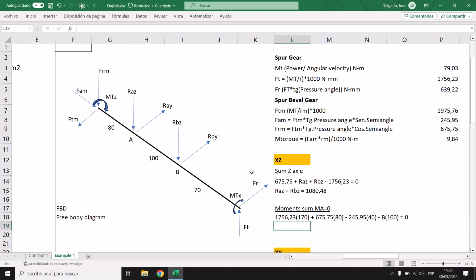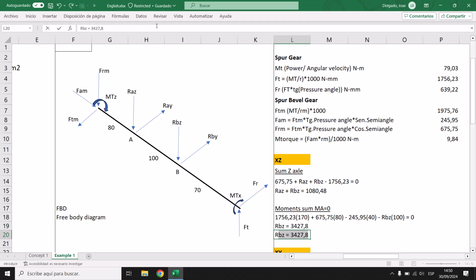If you just calculate this, you're going to find the value of the reaction of B is going to be 3027.8.